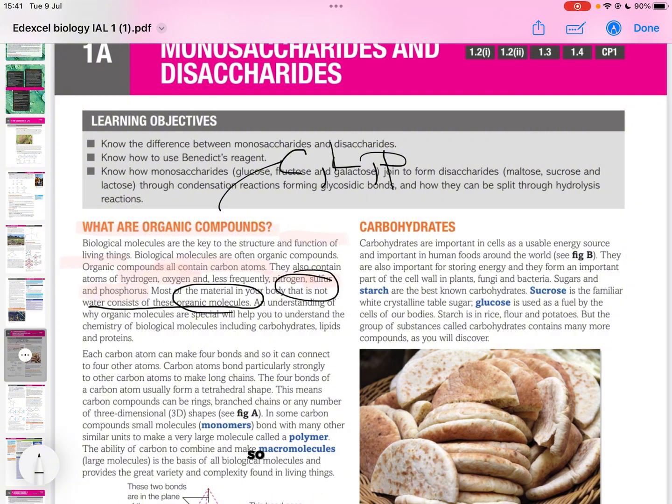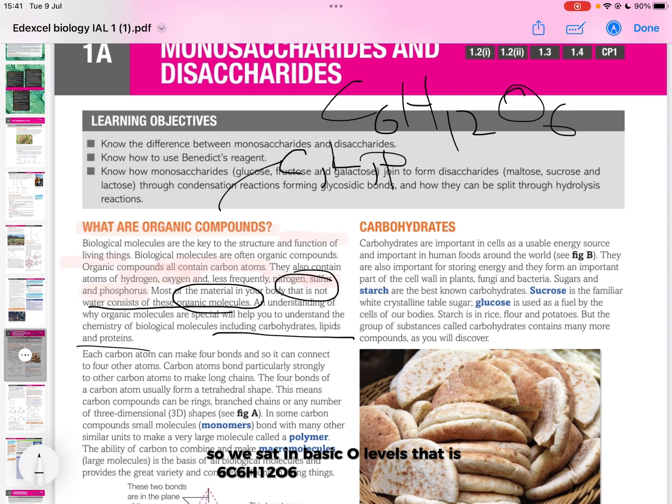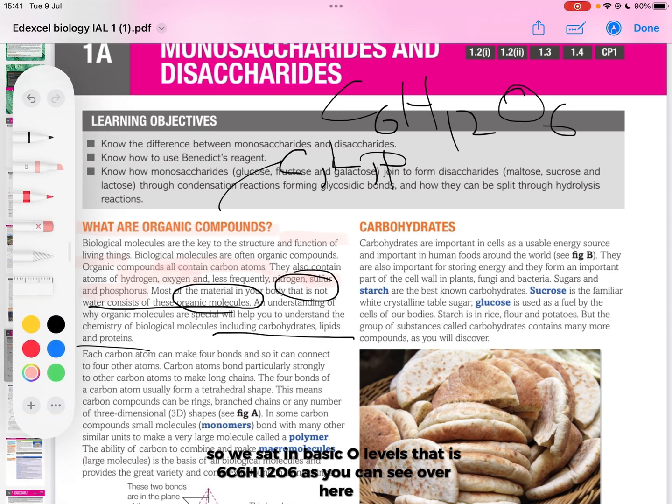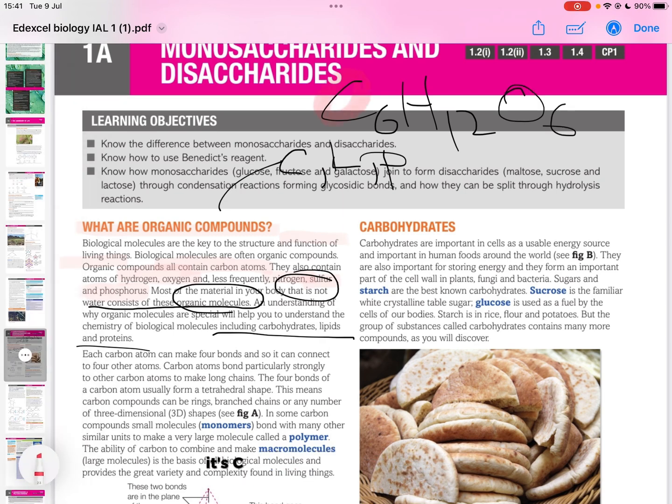To give an example, glucose, which we said in basic O level is C6H12O6. As you can see, it's C, H, and O, which means it's carbon, hydrogen, and oxygen only.